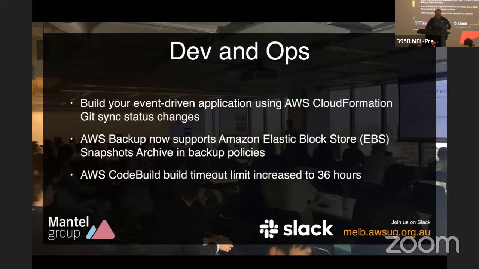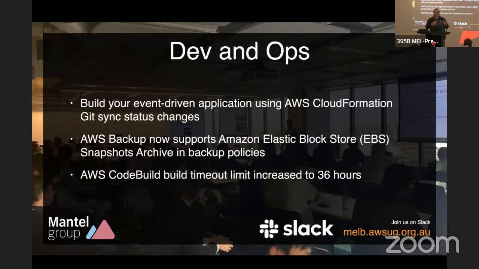So there's that option. This is one that I love. AWS Backup now supports the EBS snapshot archive. You might have remembered if you watched a little while back, I was talking about some services that don't get a whole lot of love, and DLM, Data Lifecycle Manager, was one of those.